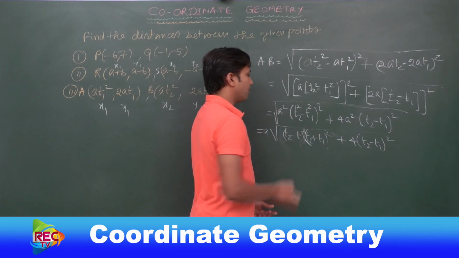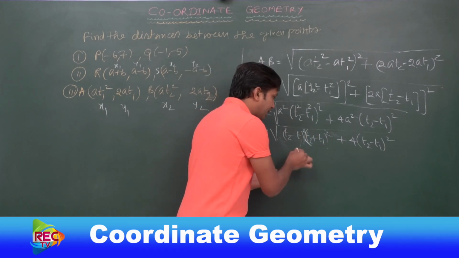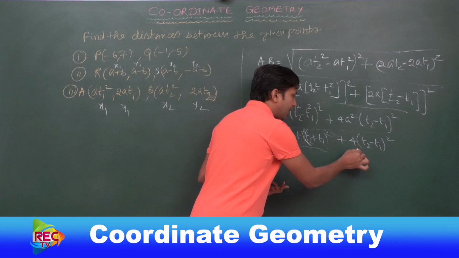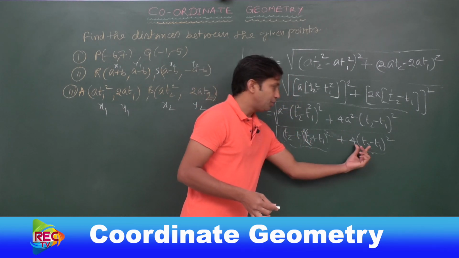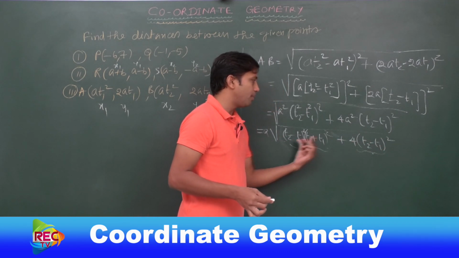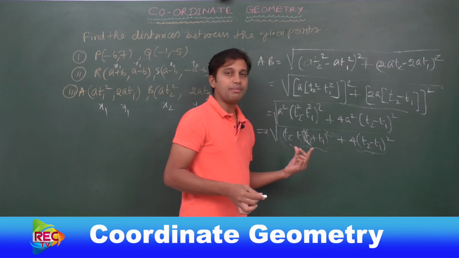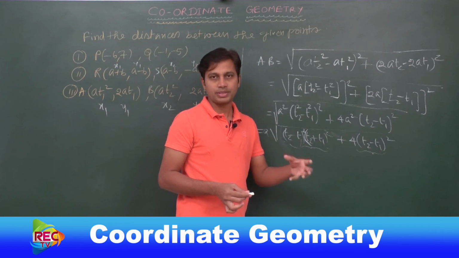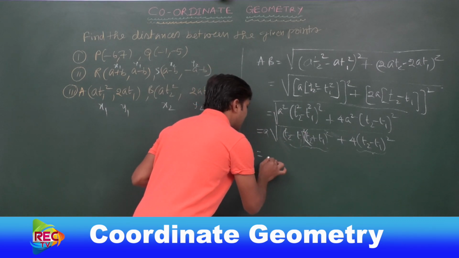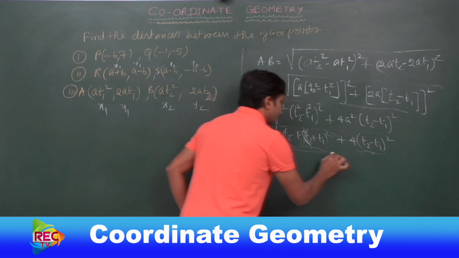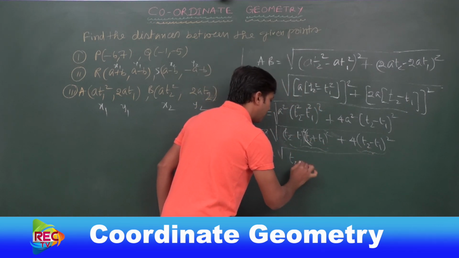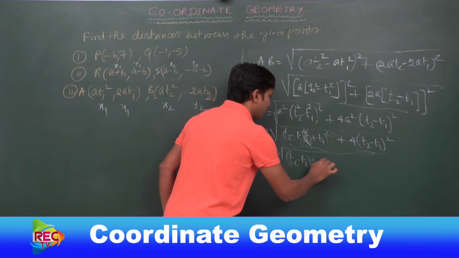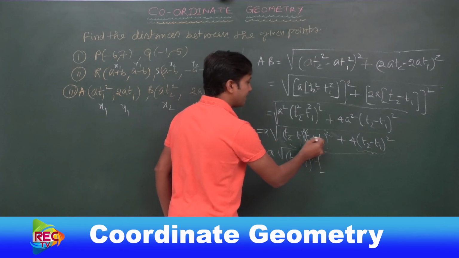We can put this square commonly to these two expressions. Now see how many terms are here. This is one term and this is one term. From these two terms we can take common t2 minus t1 whole square. Is it a common term in both of them or not? So we can take this expression in common. So let us take. See here, t2 minus t1 whole square when we took common. Now what is inside there?